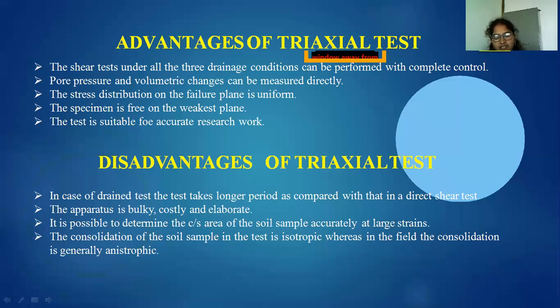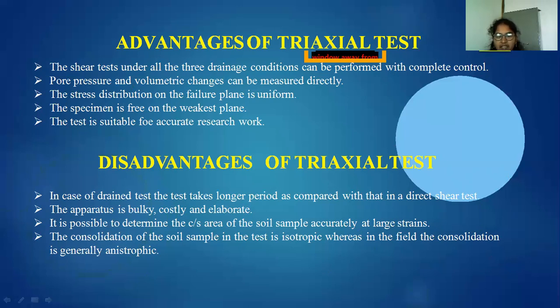The consolidation of the specimen in the test is isotropic, whereas in the field the consolidation is generally anisotropic. These are the advantages and disadvantages of the triaxial test.